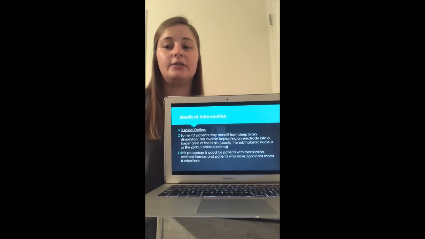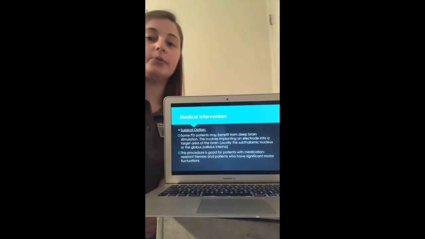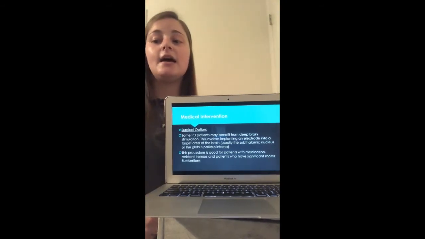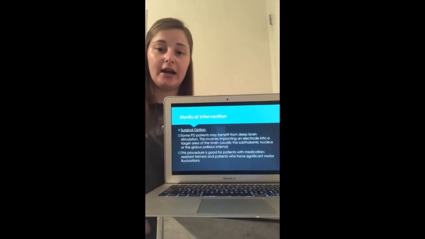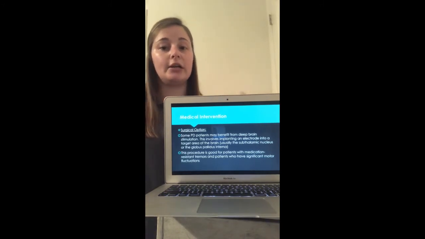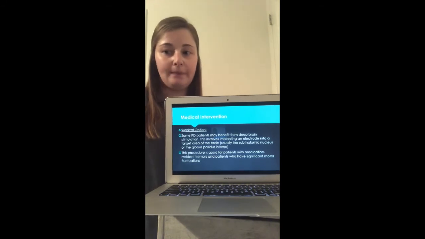So next I found a surgical option that is now available for Parkinson's patients. It's called deep brain stimulation. They implant an electrode in a target area in the brain. It could be both sides or it could just be one. They can do it in different areas or just one area of the brain.